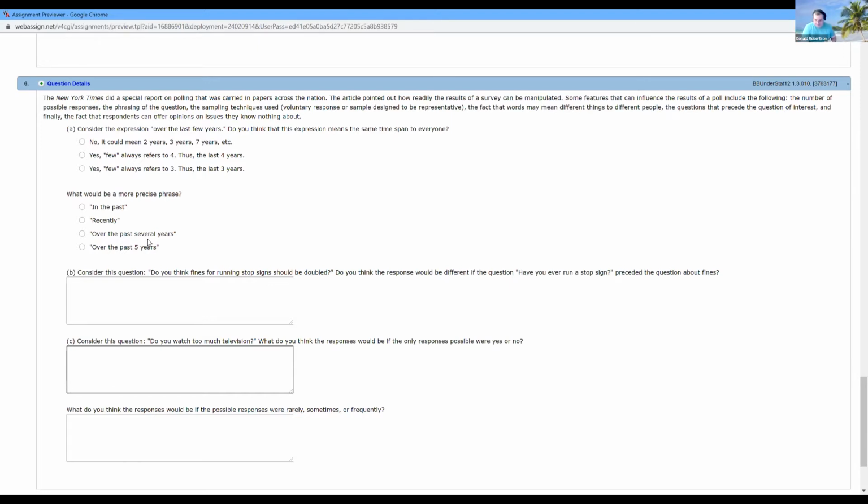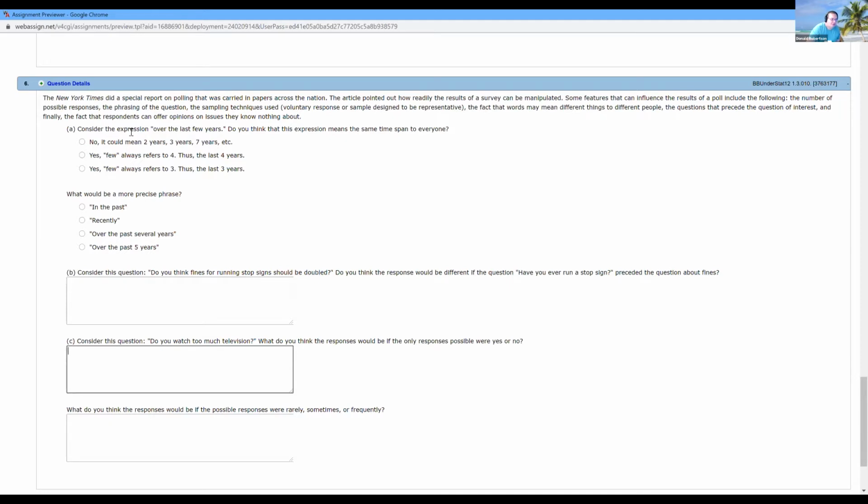Some features that can influence the result of a poll include the number of possible responses, the phrasing of the question, the sampling technique used, voluntary response, sample design, the fact that words mean different things to different people, the questions that precede the question of interest, and finally, the fact that respondents can offer opinions on issues they know nothing about, which is probably me. I have an opinion on everything, even if I don't know anything about it.